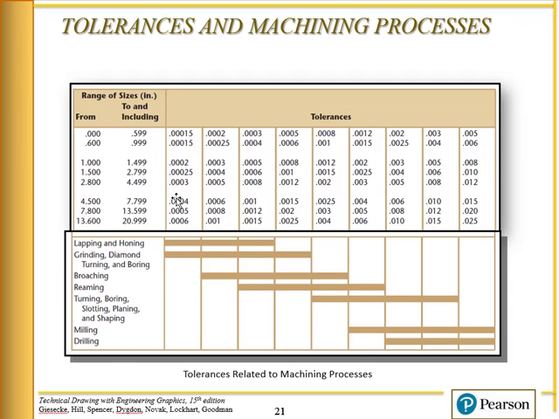But if we want to get tighter tolerances in here, like to the tenths of thousandths, like 4 decimal places, we've got to be using lapping and honing and grinding and diamond turning and boring. So this chart here kind of gives you a picture of how manufacturing processes generate the tolerances on your parts.